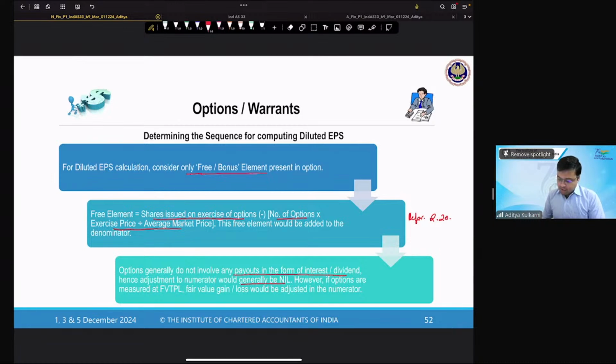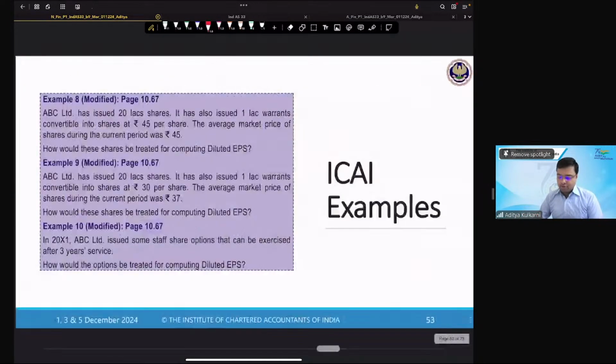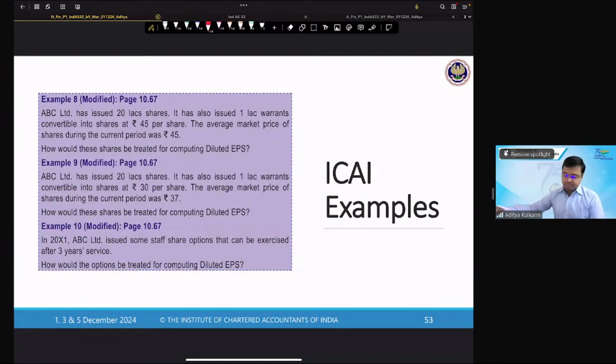However, if options are measured at FVTPL, fair value gain or loss would be adjusted in the numerator. You will study this when you do your financial instruments. But for now, what we have done is exactly the same. We have not done anything different. This is what we have done. Okay? All right. Fine.